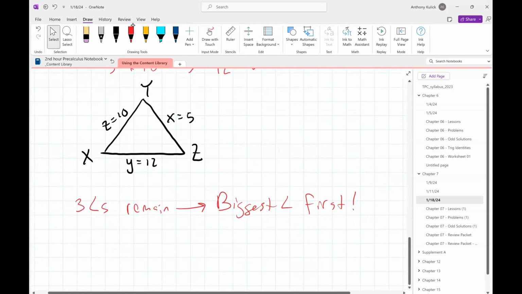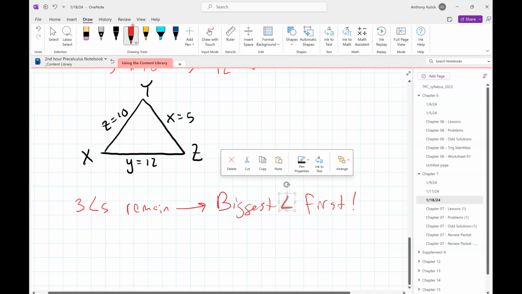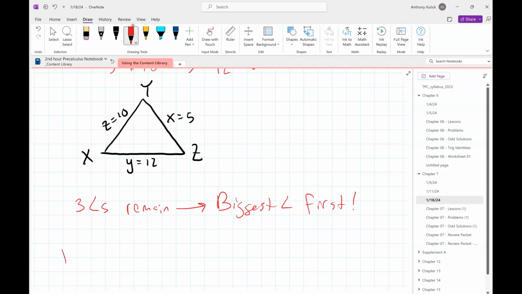So for my law of cosines, I'm going to have the side or the angle that I'm solving for. That's the side that's by itself in the formula. And then I'm going to have leg squared plus leg squared minus 2 times leg times cosine of the angle that we're searching. So far, so good.